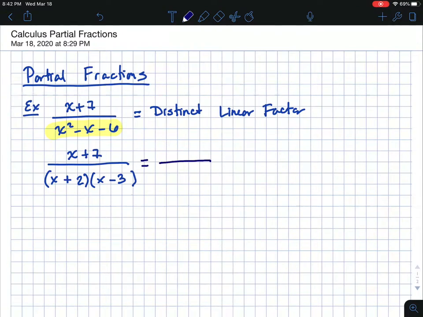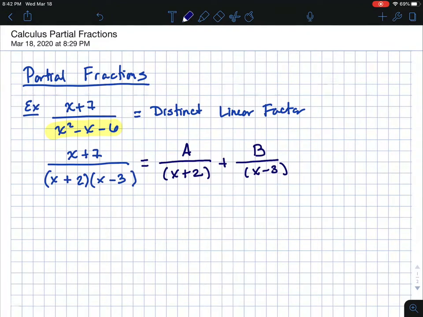So if we put x plus 2 here, I'm going to put an A up top. And then we're going to add, because we're looking for the sum of it, the other factor here, x minus 3, and we're going to put a B up here. Again, we're only doing distinct linear factors right now. We're not trying to overload you on everything else.